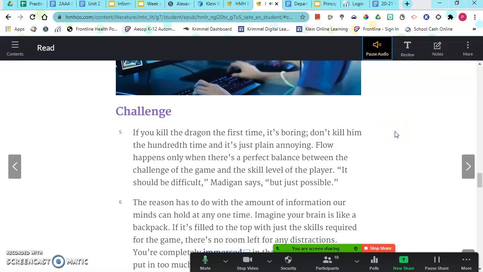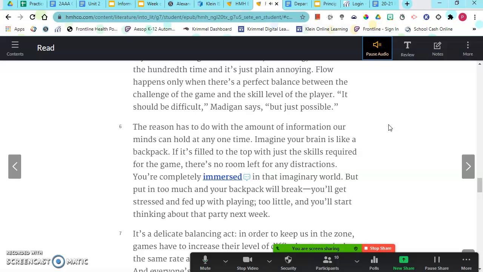If you kill the dragon the first time, it's boring. Kill him the 100th time, and it's just plain annoying. Flow happens only when there's a perfect balance between the challenge of the game and the skill level of the player. It should be difficult, Madigan says, but just possible. The reason has to do with the amount of information our minds can hold at any one time.